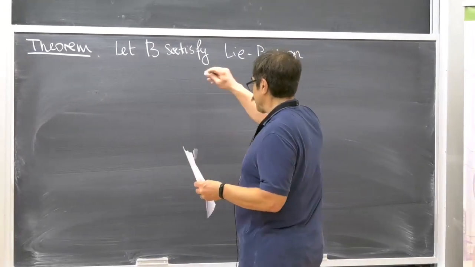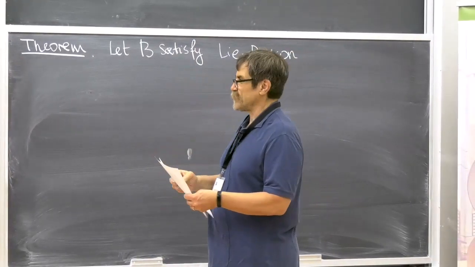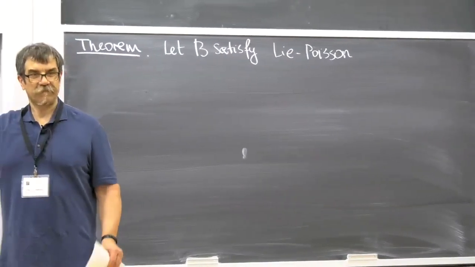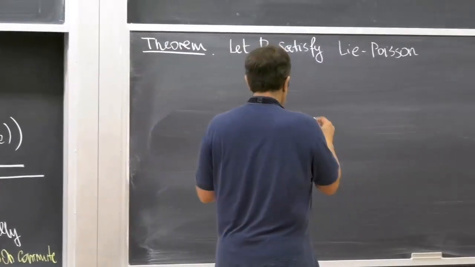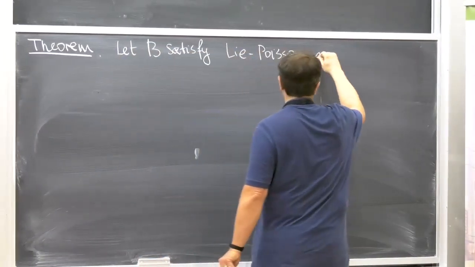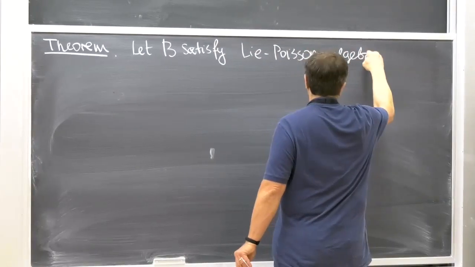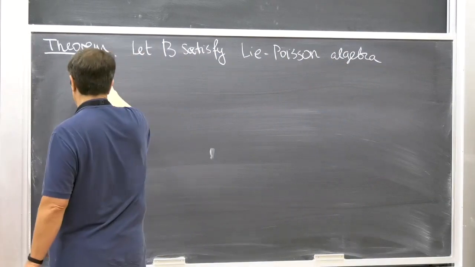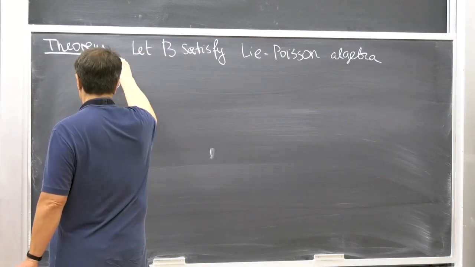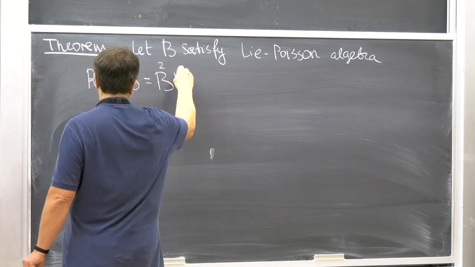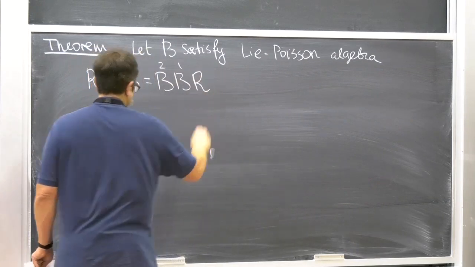So start with just the matrix B. Let's forget for a second about A. And let B satisfy the Lie Poisson algebra. I will write it explicitly. And tell me if you are uneasy with these notations, because they are notations in the direct products of spaces.